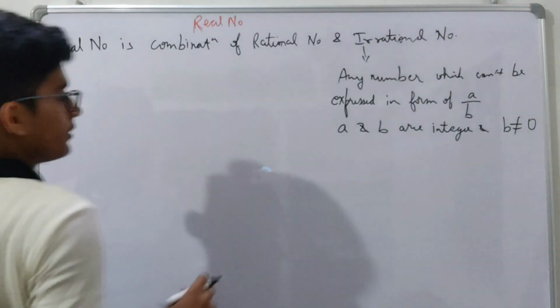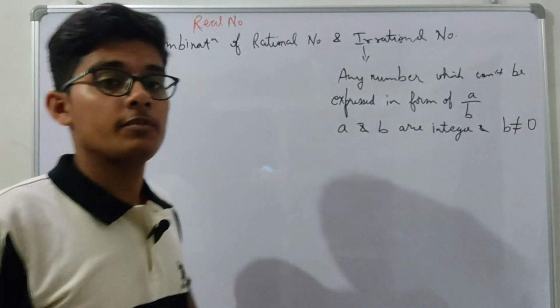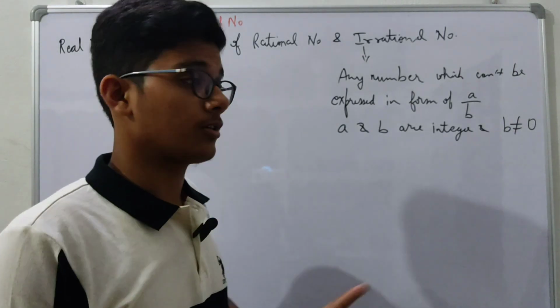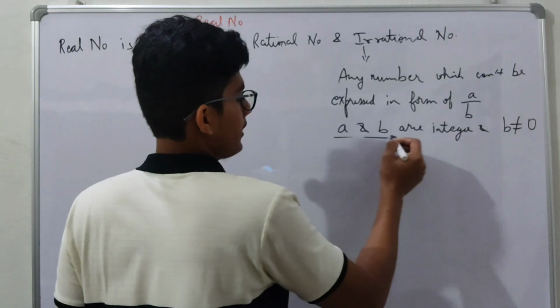So this is the definition of an irrational number. These are the conditions.